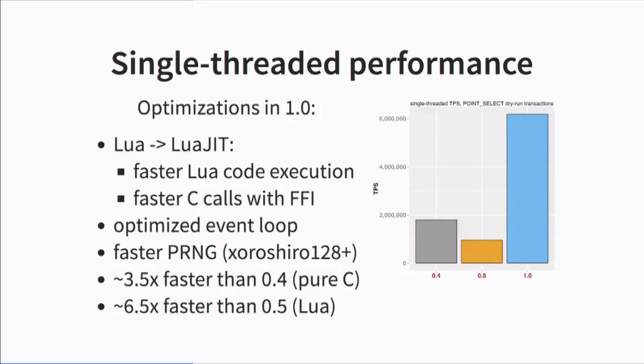This chart shows single-threaded performance, comparing sysbench 0.4 implemented purely in C, sysbench 0.5 implemented in plain interpreted Lua, and sysbench 1.0 implemented in LuaJIT. So the main change in sysbench 1.0 that allowed this kind of speed up was a migration from Lua to LuaJIT. Some people call Lua the speed queen of dynamic languages, but LuaJIT takes it to a completely new level.